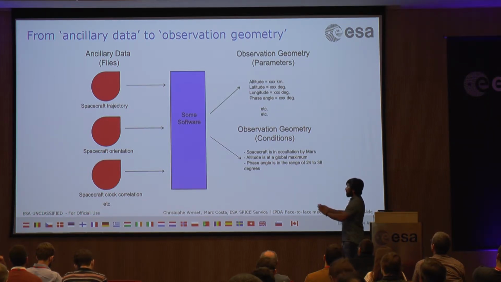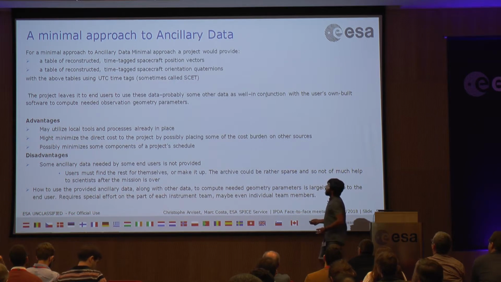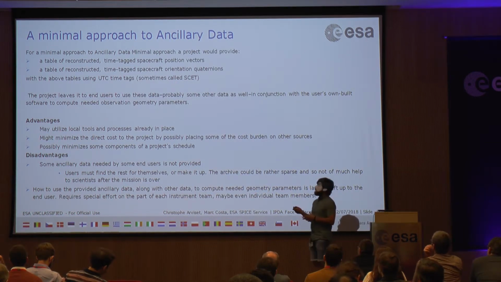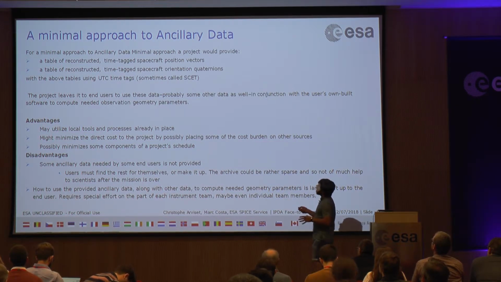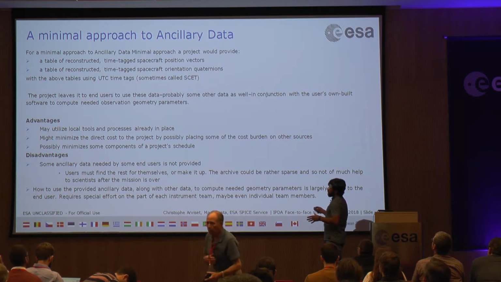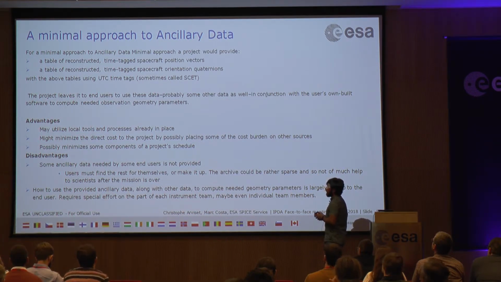So we have to go from these ancillary data to actually what we want to exploit, which is the observation geometry. Now, a minimal approach to having this system would be at least to have a table of reconstructed time-tagged spacecraft position vectors, and the same thing with orientation quaternions. And probably you want to have that using some sort of time tags, like UTC.